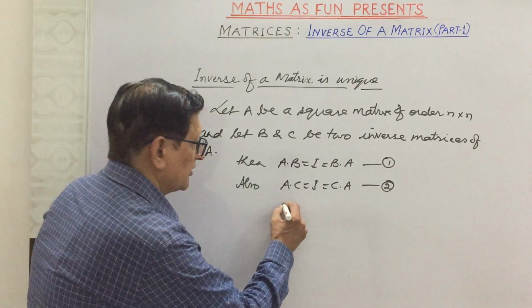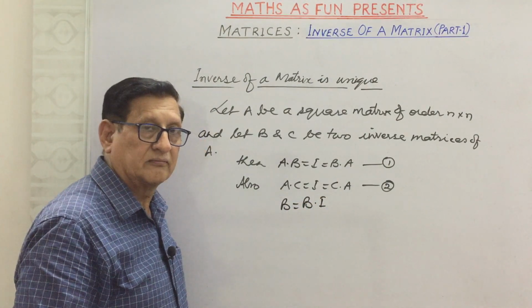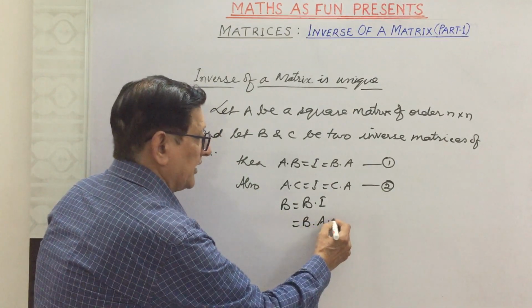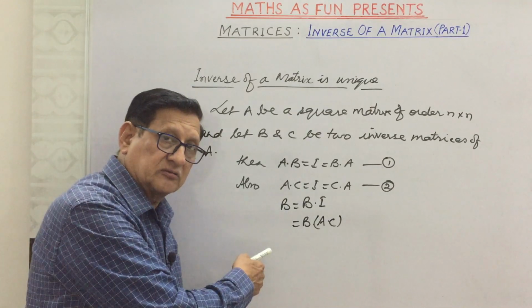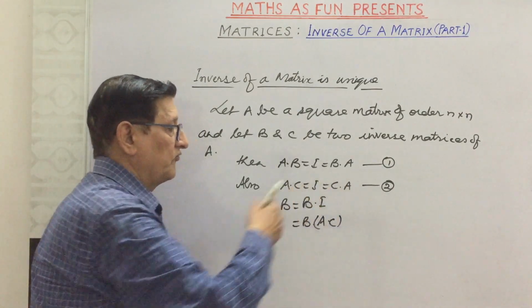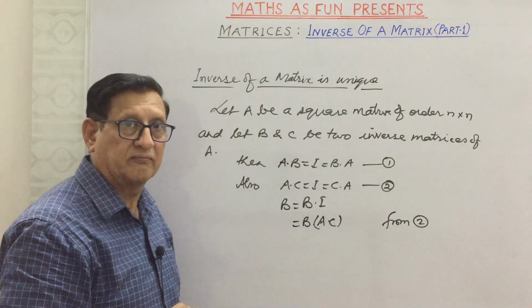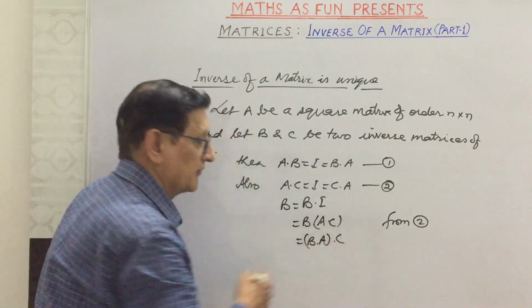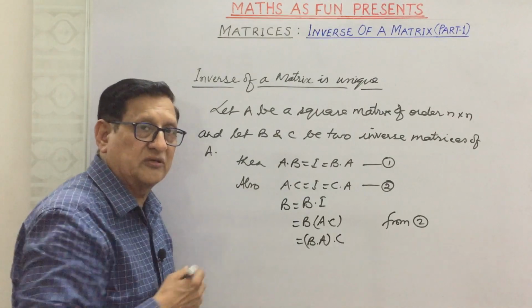Now we know that B can be written as B into I. Can we also write this as B into A into C? Why? Because A into C is equal to I from relation 2. Can we write this as B into A into C? Because multiplication of matrices is associative.